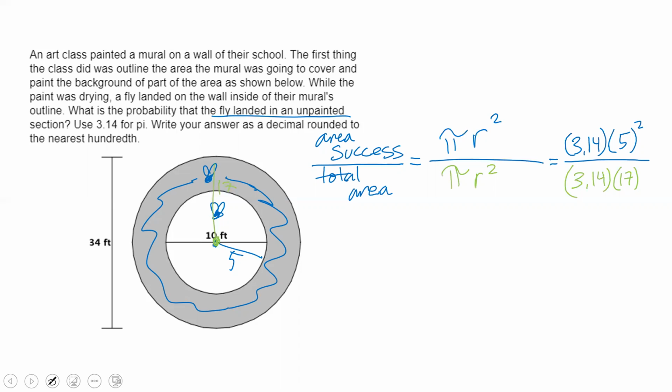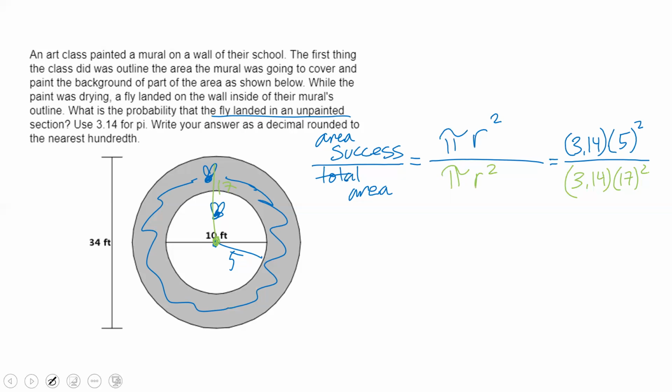Sorry, that decided to jump around there. 17 squared. So let me plug that into my calculator and see what our chances of landing in the unpainted region are.